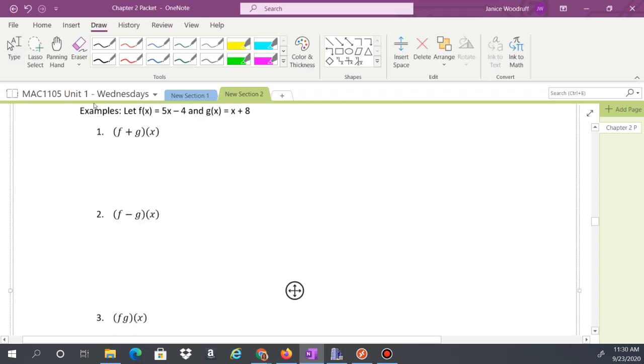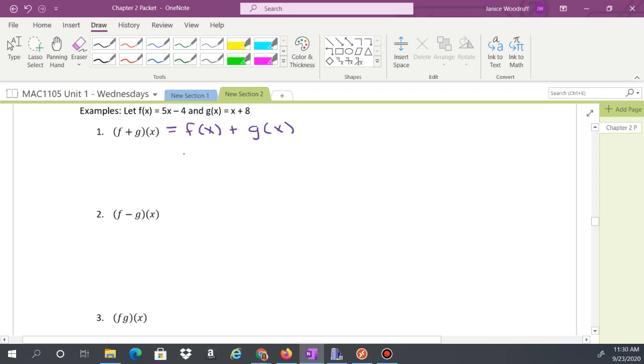So we're going to let f of x be 5x minus 4, and g of x is x plus 8. First we're going to do f plus g of x, which means I'm doing f of x plus g of x.